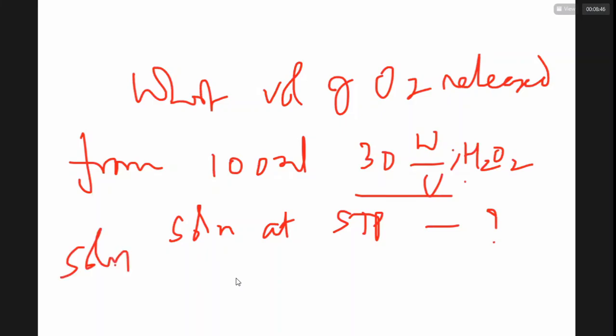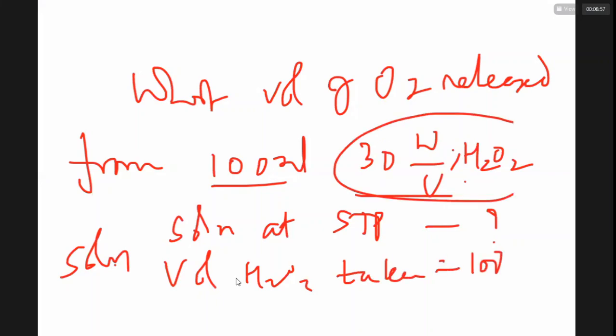Solution. 100 ml is the volume of H2O2 taken. The volume strength they have not given. They gave weight percentage.